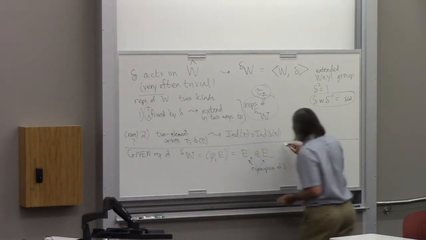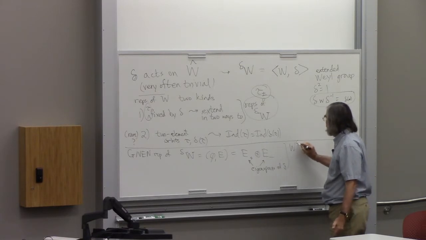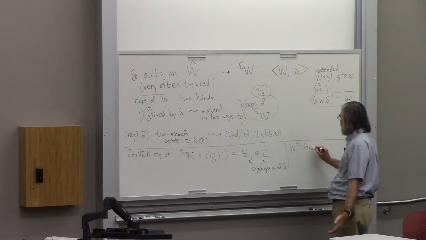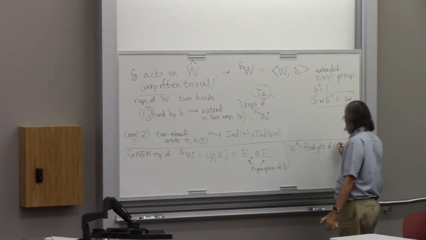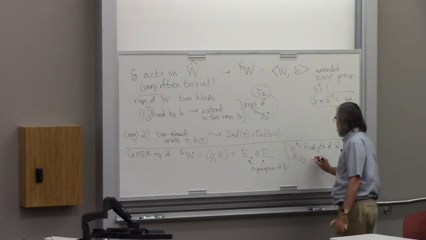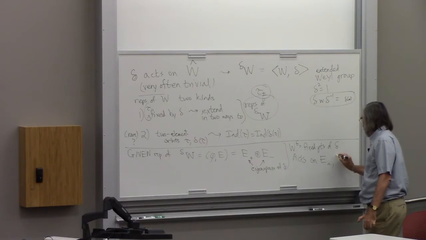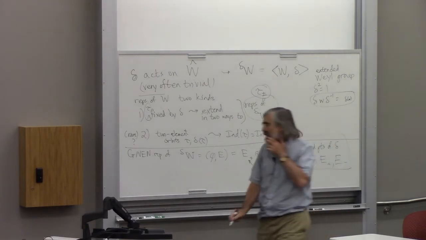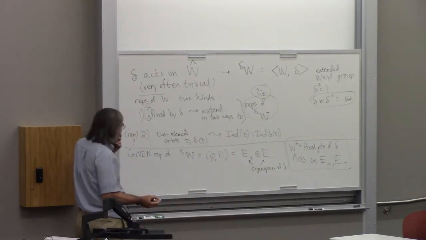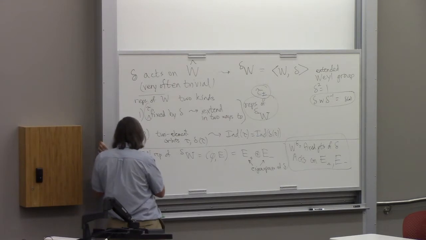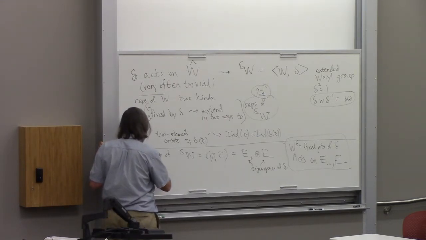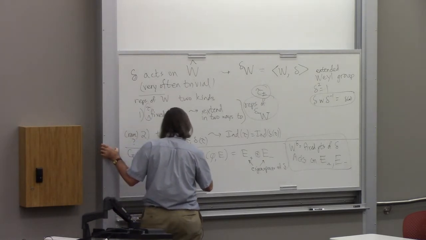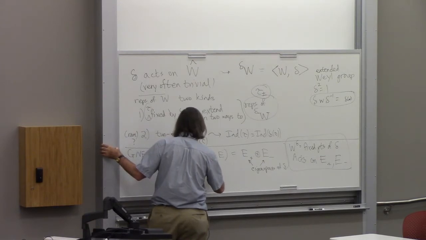What's clearly true is that this centralizer of delta, the fixed points of delta, acts on E plus and E minus.